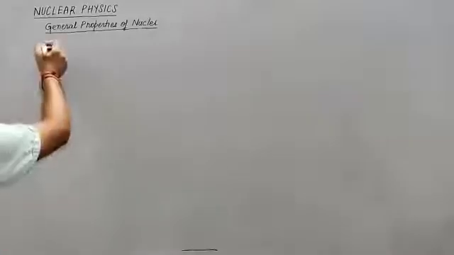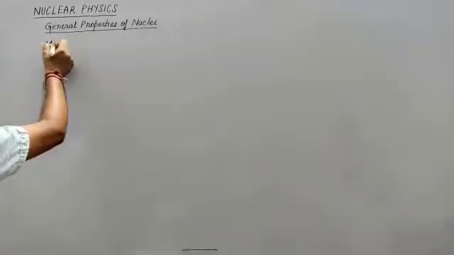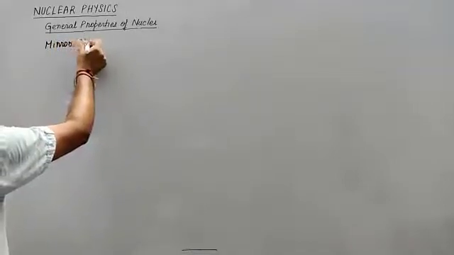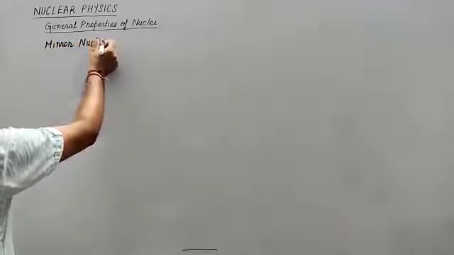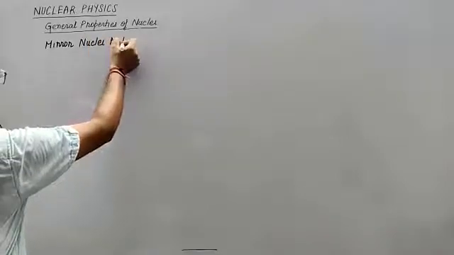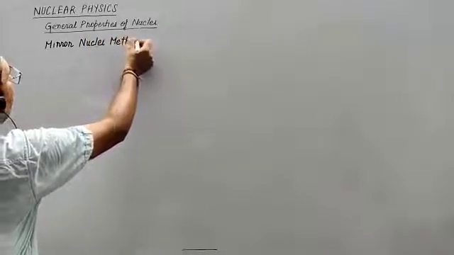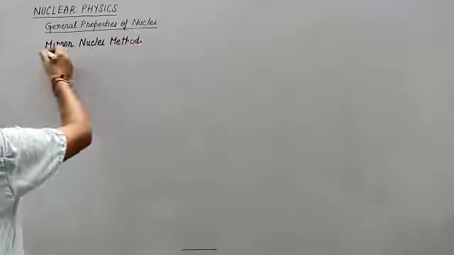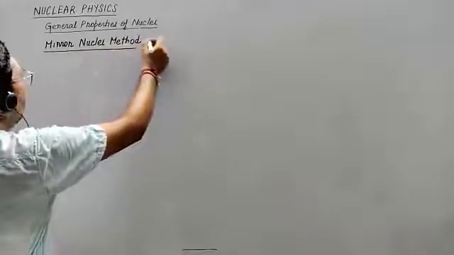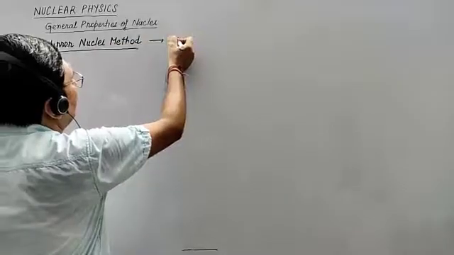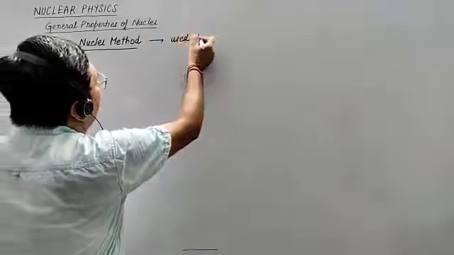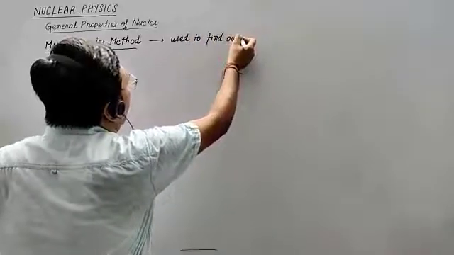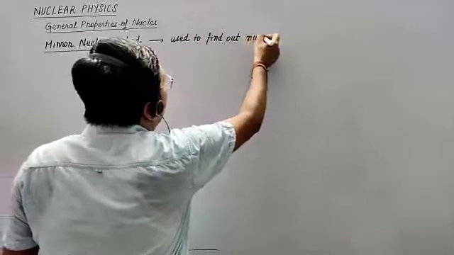Next method is the mirror nuclei method. This mirror nuclei method is used to find out the nuclear radius.